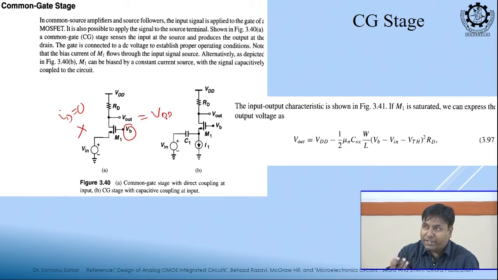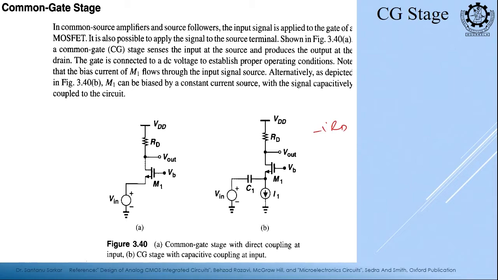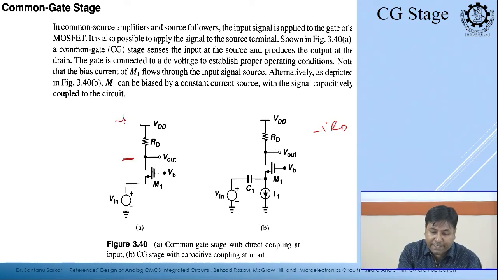So, generally you may think, if it was the previous case, your ID is 0, output should be 0, because I am taking from the lower terminal. So, this drop is positive, and if this is 0, this node should also be 0, because no current is flowing. But in this case, I am taking from the drain terminal. So, if no current flows, this is VDD, so this should also be VDD.